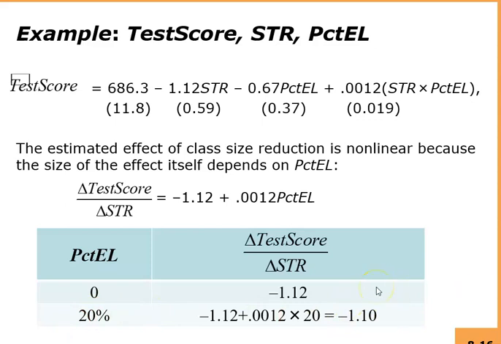So this simply means that when the percentage of English learners in the classroom is lower, the effect of decreasing the student-teacher ratio on test score will be higher than when the percentage of English learners is higher in the classroom. That effect of decreasing the student-teacher ratio on test scores will be slightly lower.